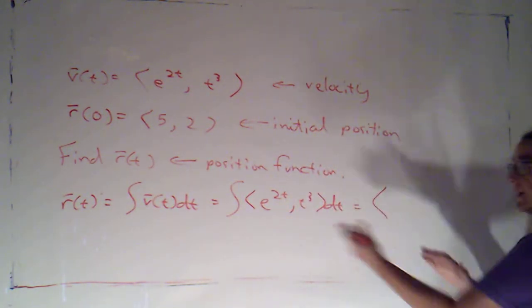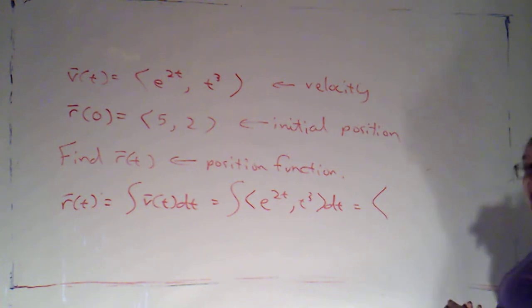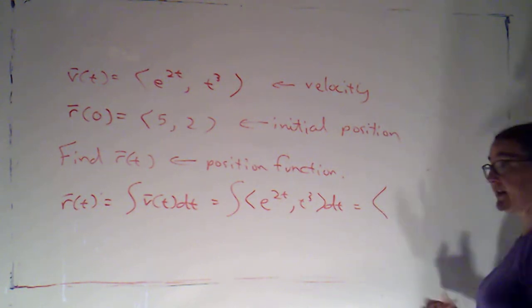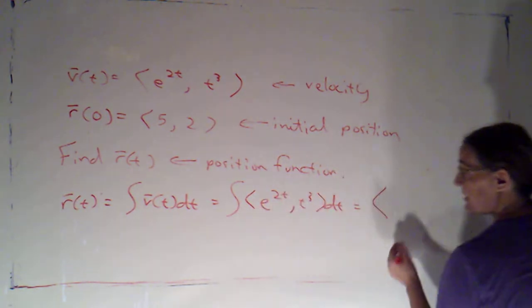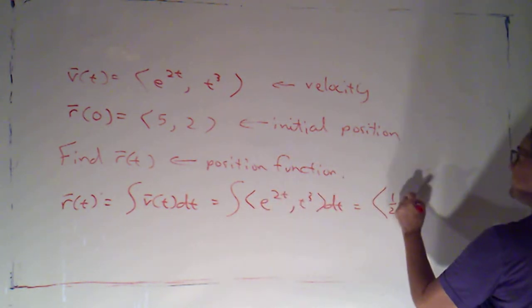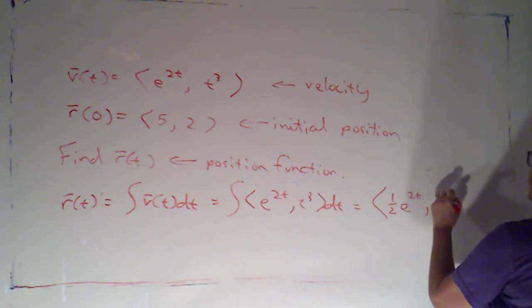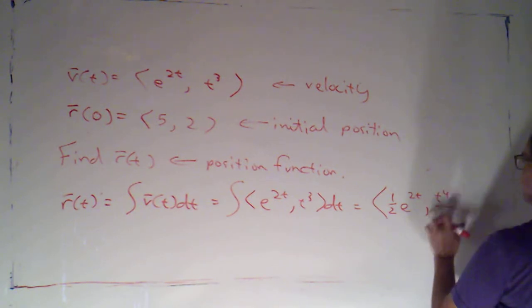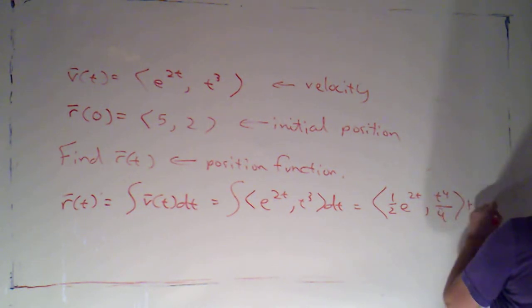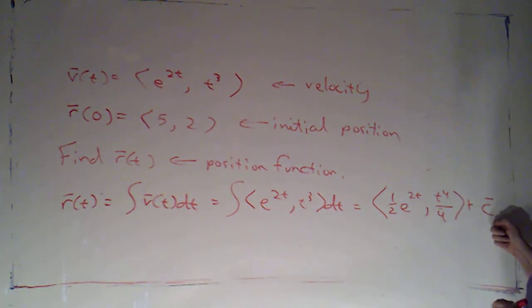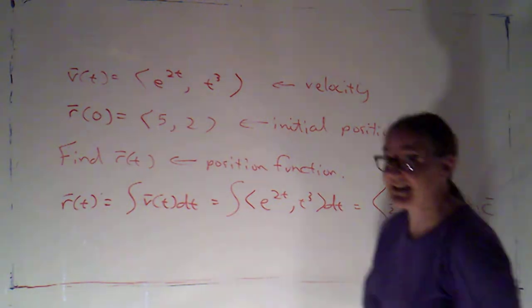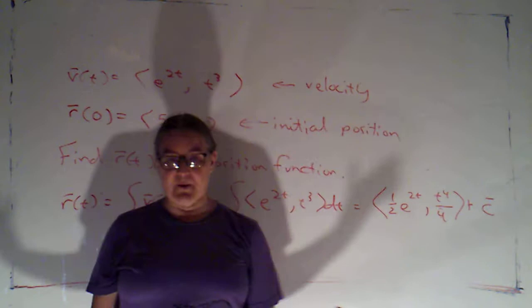When we do that, we're going to get initially the general antiderivative, which is a family of functions. Quick u sub here, I would get ⟨1/2 e to the 2t, t to the 4th over 4⟩ plus c.